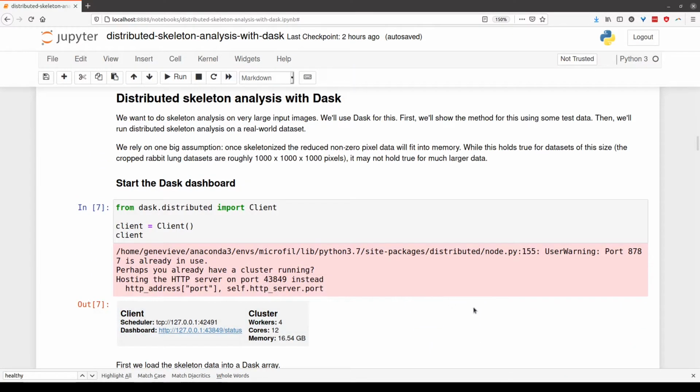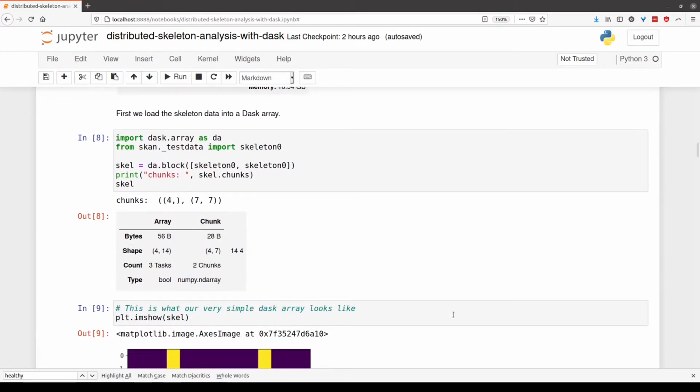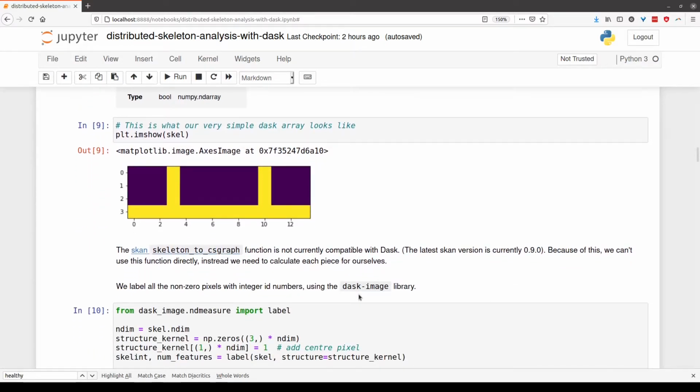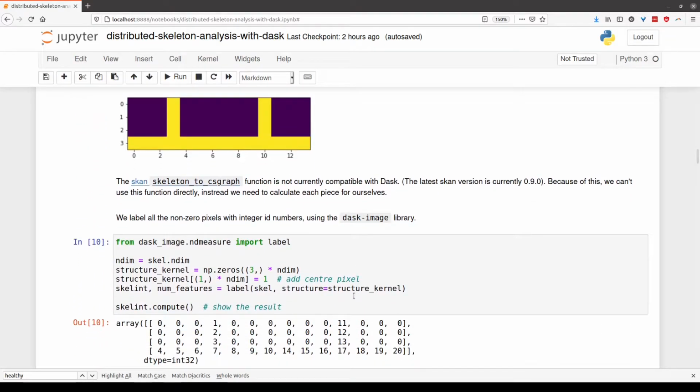If we're going to do something similar with Dask, I might show you with a very simple example that's so small we wouldn't even need Dask for it. Here I've made a Dask array where each chunk is just a copy of this original test skeleton. Here we can see them side by side, joined up. It's very similar to what we had before.